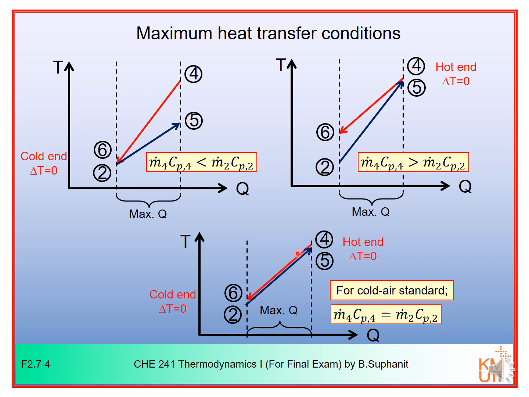There will be no temperature difference at any point along the profiles in this case. These conditions do not actually exist. They only appear in the theory because you cannot have zero temperature difference in actual heat transfer. The maximum theoretical heat transfer can be determined by H4 minus H2.